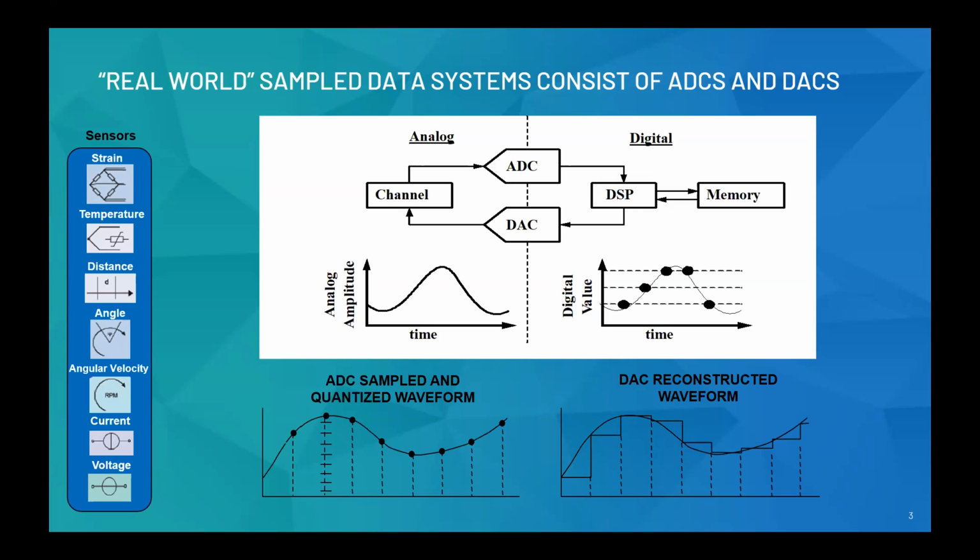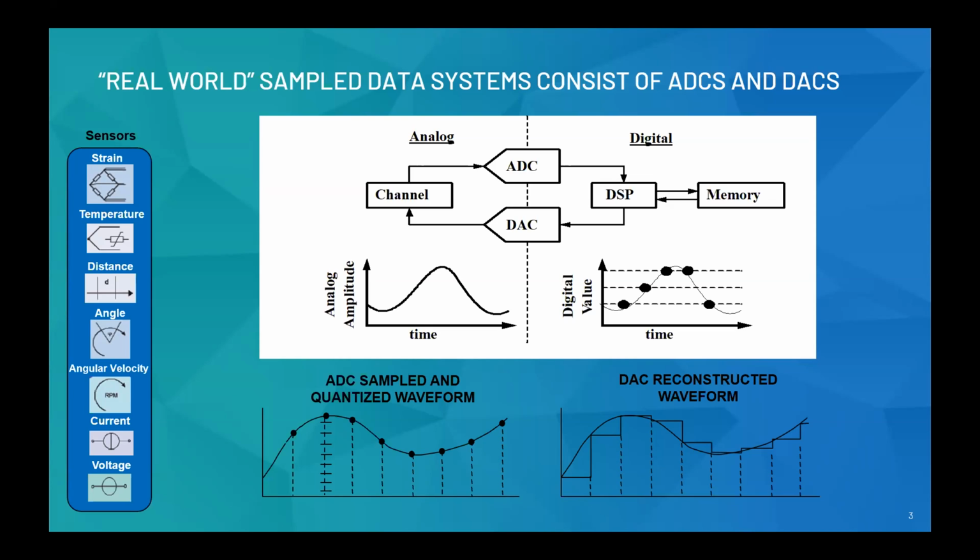Essentially, your ADC would give it to the DSP and then that would extract the information. As you see there, the ADC converts the signal into a discrete signal, which is discrete in time as well as in its amplitude.